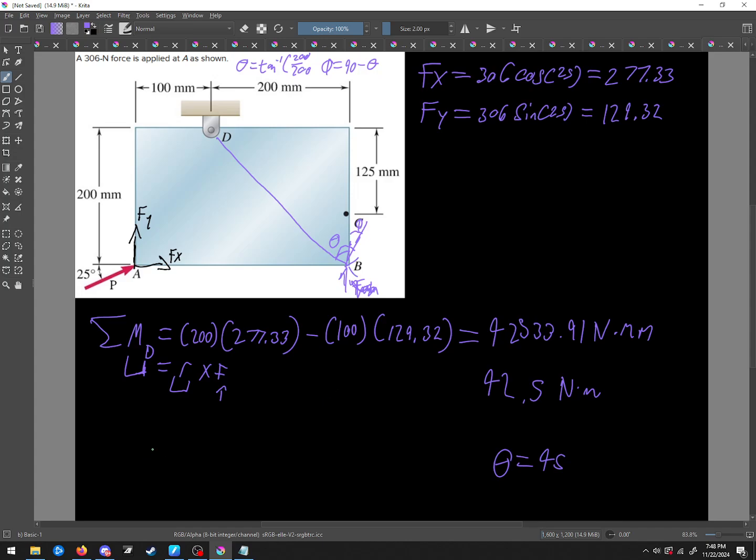So the force is going to be equal to the moment over the distance r, because M equals r cross F, we divide both sides by r, and then we get force equals that. So now we can plug moment in as 42.5 and r in as 282.84.